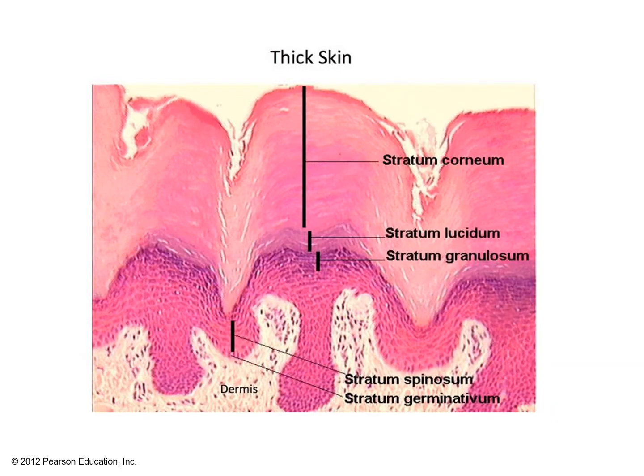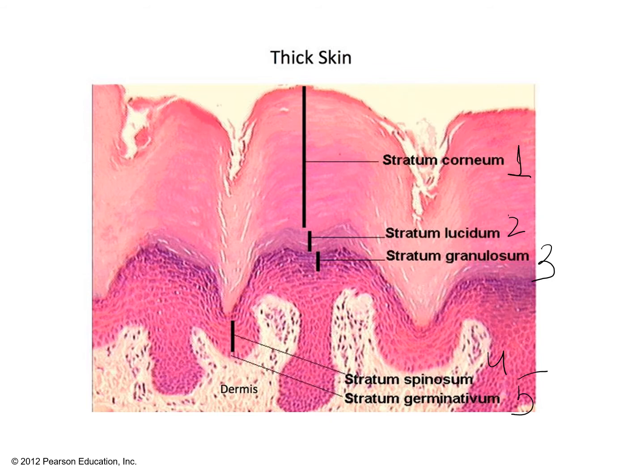This is a photomicrograph of thick skin, and specifically you can see epidermis here. We have here 5 strata: 1, 2, 3, 4, and 5.